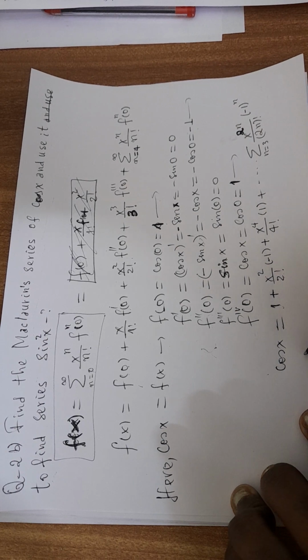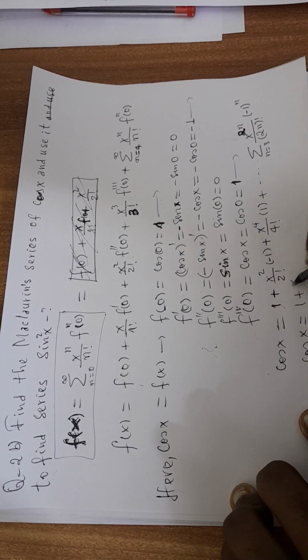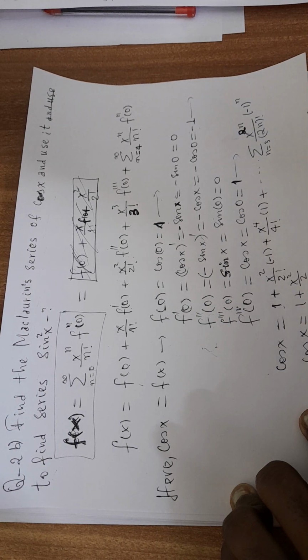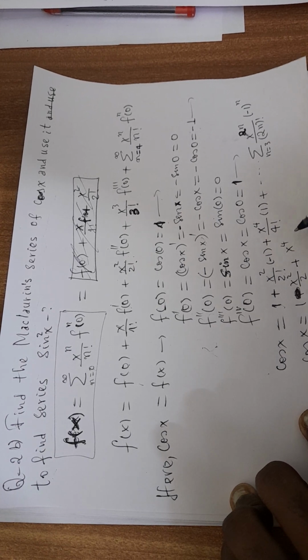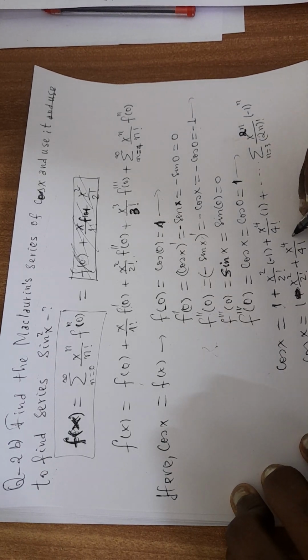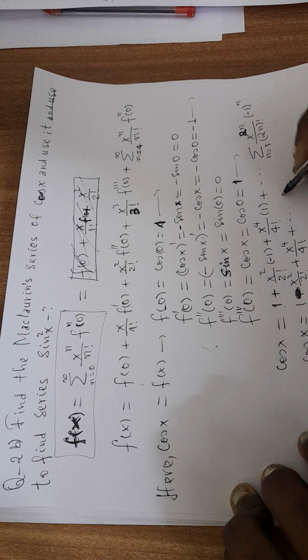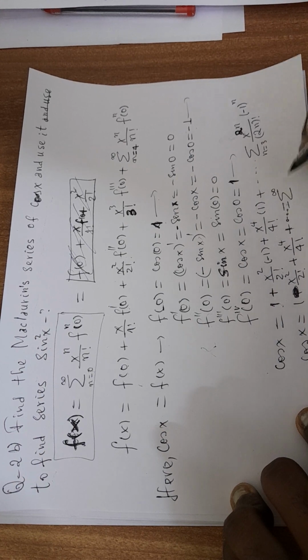Now that we know what cos x is, cos x is 1 minus x squared upon 2 factorial plus x to the power 4 upon 4 factorial, and so on, and in the end the general form goes to infinity.